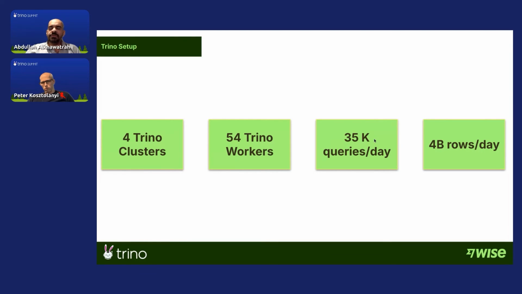These clusters run a total of 35,000 queries a day, scanning 4 billion rows. Again, this is just the pilot phase, and based on the numbers shared by Peter in the beginning, I think soon this will be much larger.